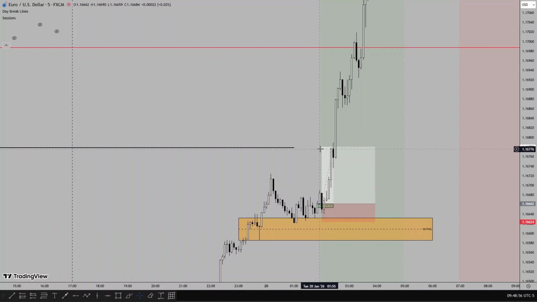But I wouldn't advise you to hold a trade through the overall target to the buy side liquidity, mostly if you're a new trader.